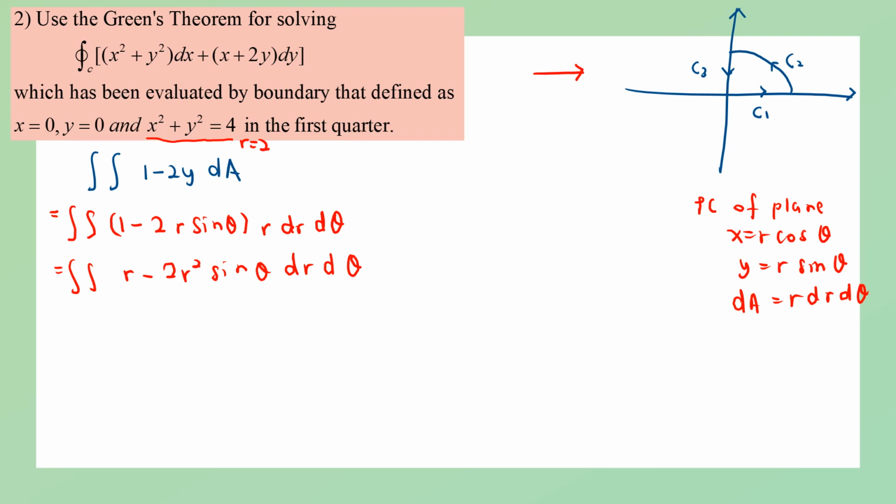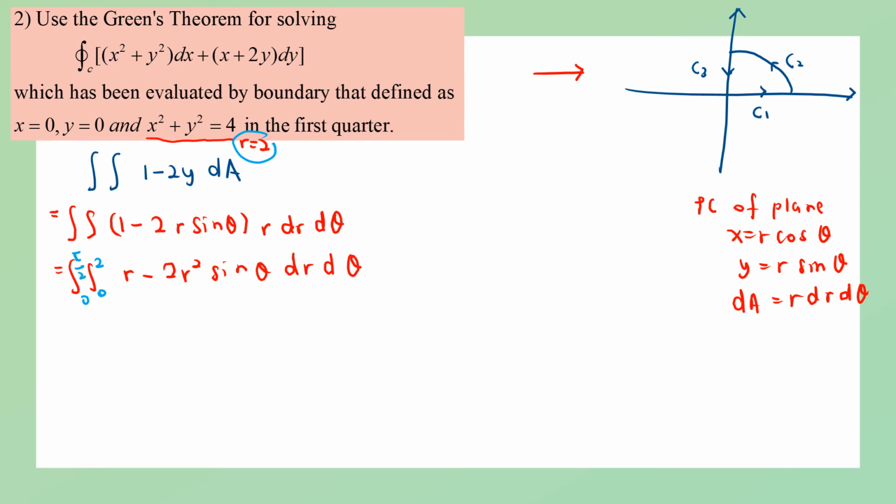Next step, you need to find the limits of integration. First you want to integrate with respect to dr. So r here goes up to 2, so the limit is from 0 to 2. And for theta, this is the first quarter of the circle, so the limit is from 0 to pi over 2.